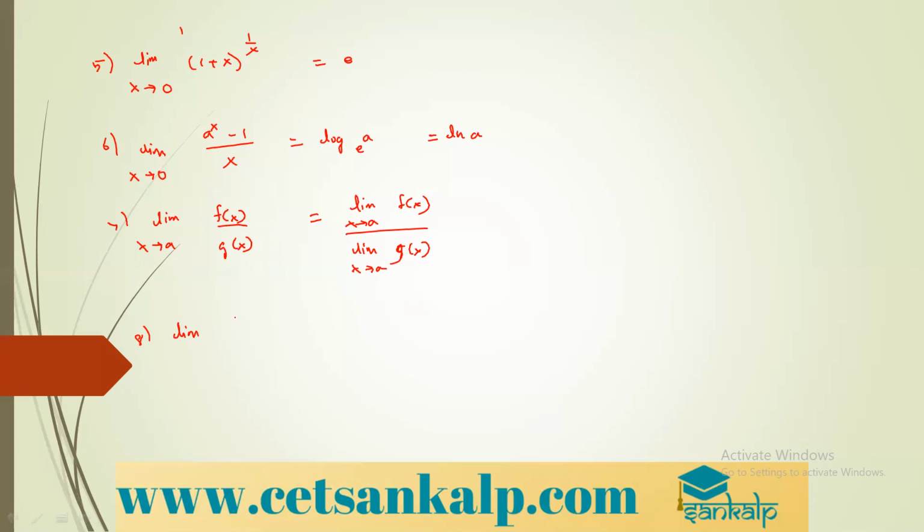Limit of f of x by g of x as x approaches a is equal to limit of f prime of x by g prime of x as x approaches a, but the condition is f of a and g of a both should be equal to 0.